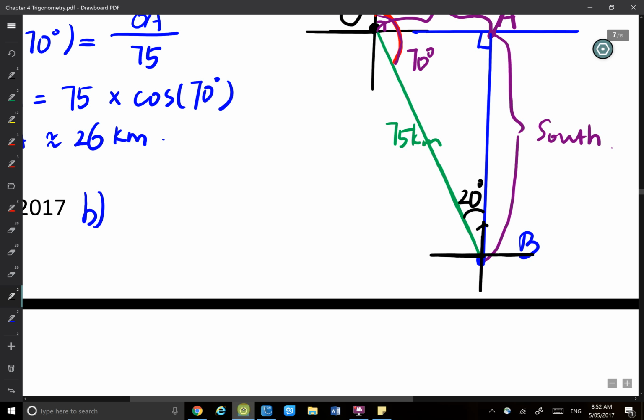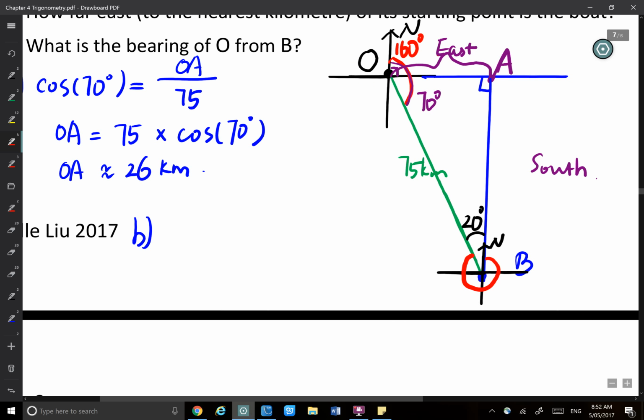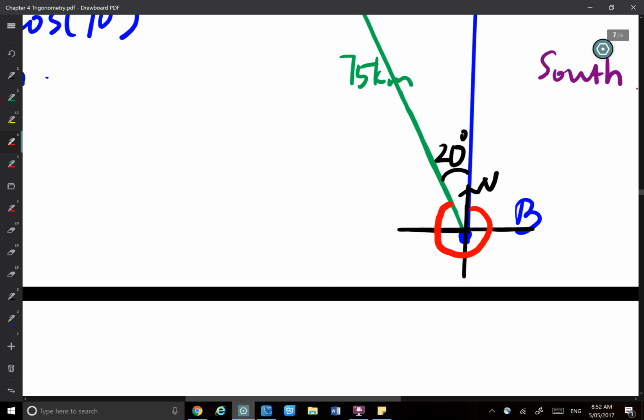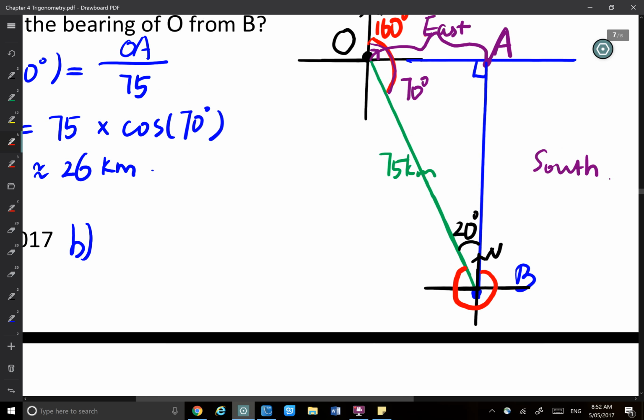So let's say that is north. Then the bearing will be from north to the line until you connect those two, O and B. So this red angle will be the bearing of O from B.